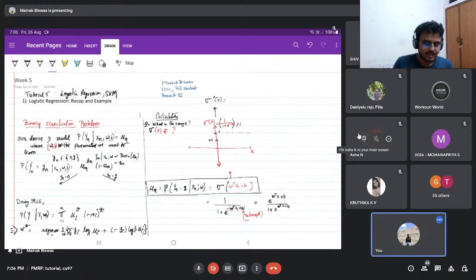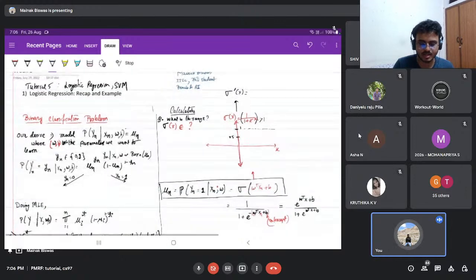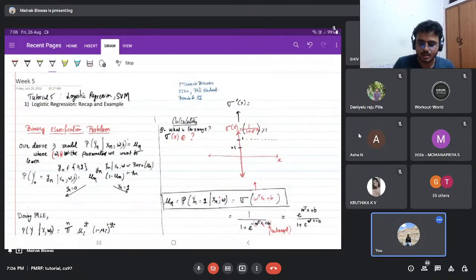So let's define a function first, and then we'll come to the binary classification problem. You just look at the right side of the page here. We'll be defining a function known as the sigmoid function, sigma of x equals 1 over 1 plus e to the power minus x. If you plot this graph, what will you see?